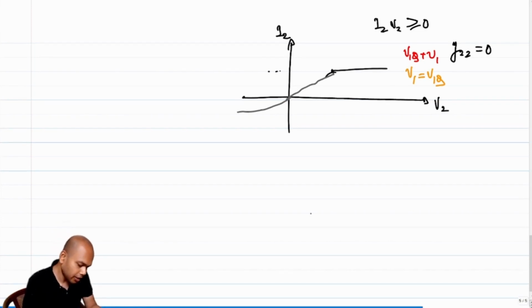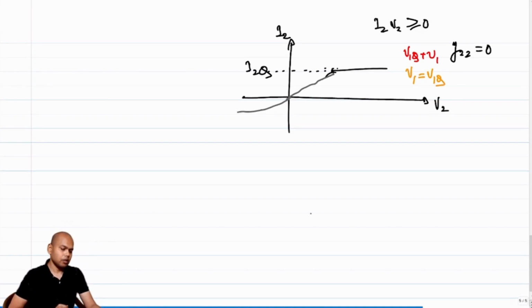Let's say this current I2 here is I2Q, right? So what comment can you make on the current I2? Will it be the same I2Q? Will it be a different I2Q? What do you think?